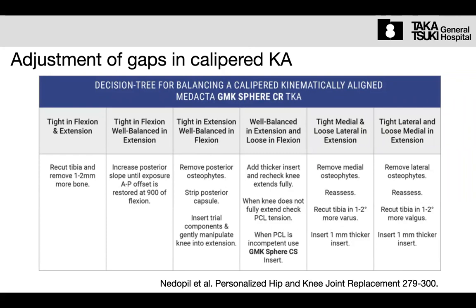Once we cut the posterior capsule vertically, the posterior capsule can be opened. That can make the space for the posterior condyle of the component. As you know, once we insert the femur trial, the posterior capsule can be pushed posteriorly. That can make the extension gap to be small.